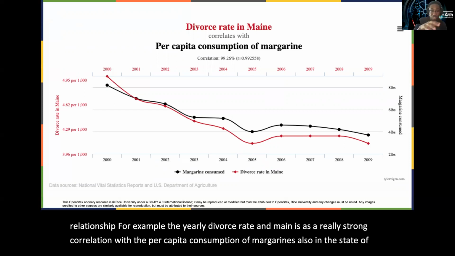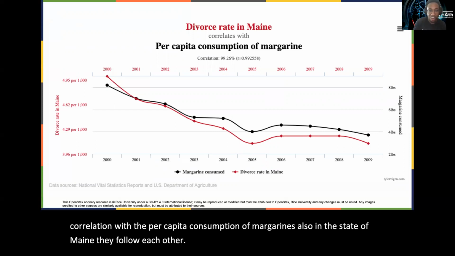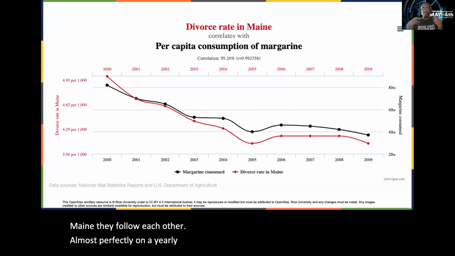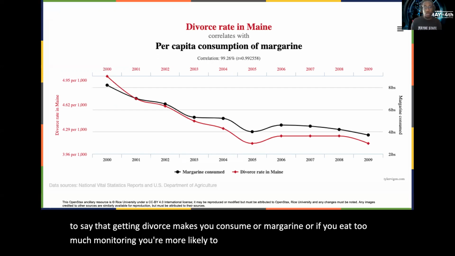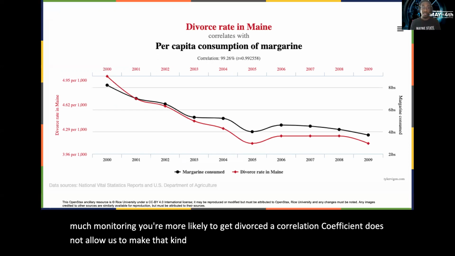They follow each other almost perfectly on a yearly basis, but that relationship does not allow us to say that getting divorced makes you consume more margarine, or that if you eat too much margarine, you're more likely to get divorced. A correlation coefficient does not allow us to make that kind of inference. It only tells us that these two things follow a similar pattern.